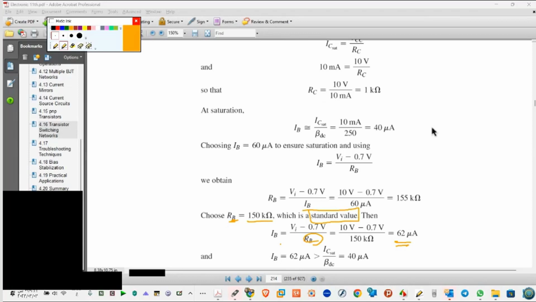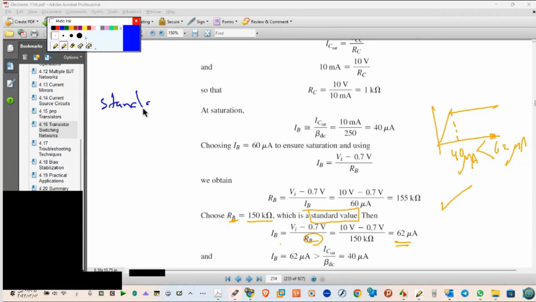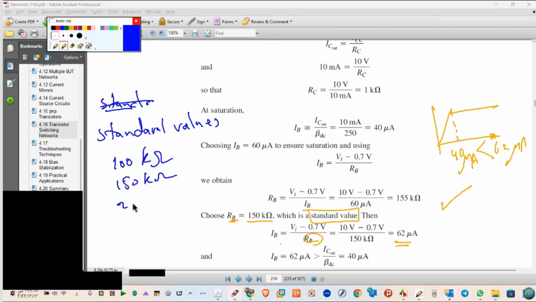Is it enough, or not enough? I will compare, again returning to this graph. 62 microampere with 40 microampere. Bigger, yes, bigger, so it's correct. So after we changed to the standard value, by the way, standard values are, for example, 100 kilo ohm, 150 kilo ohm, 200 kilo ohm, like this.